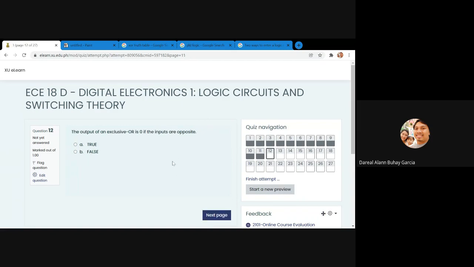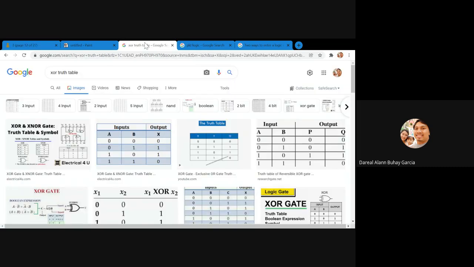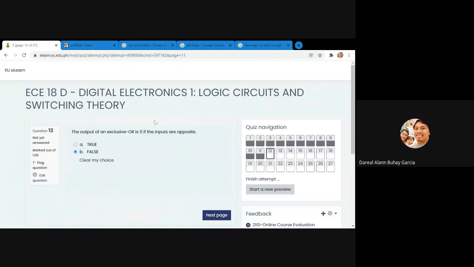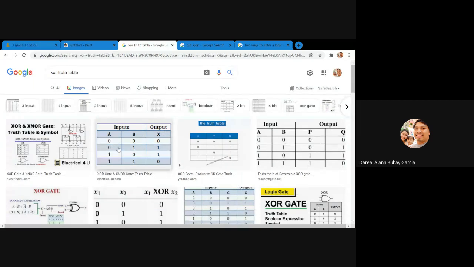An output of an exclusive OR is 0 if inputs are opposite. False. If opposite, kay 1. Sakto.